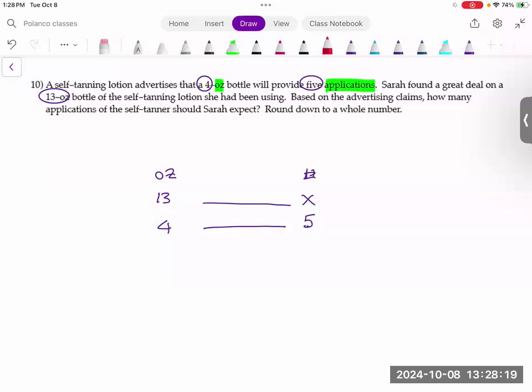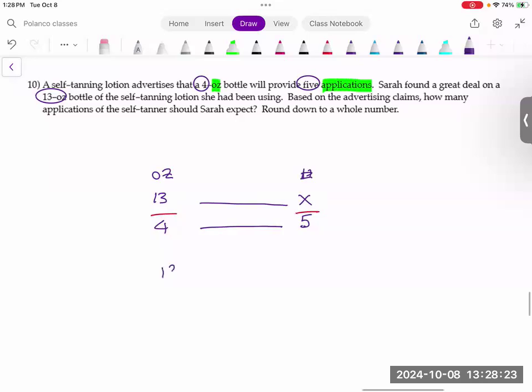So what we're gonna do is proportion right now. You gotta get the numbers correct. So this is 13/4 equals x over 5. Everybody okay with this? And then what you're gonna do is either cross multiply and divide, or you move the 5 next to the x. You move it from division, it becomes multiplication. So if I do that, this x will be equal to 5 times 13/4.